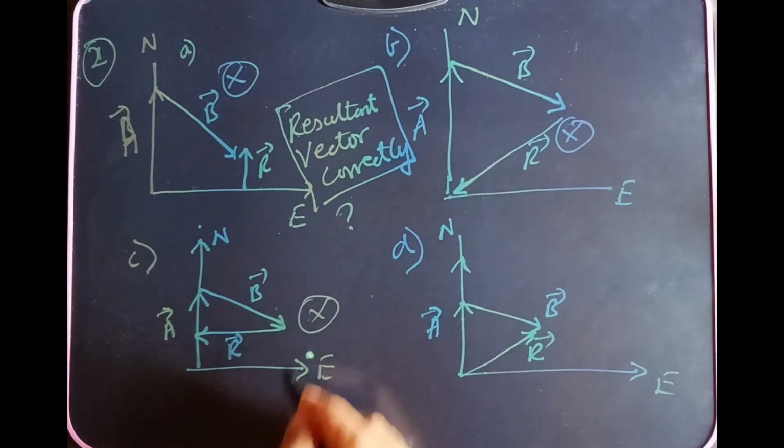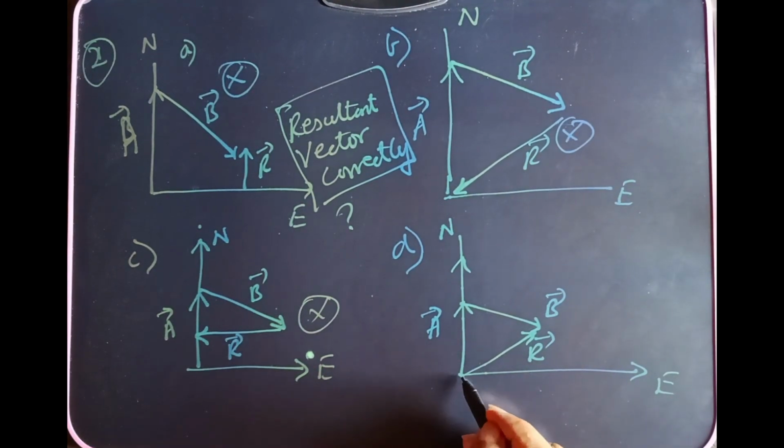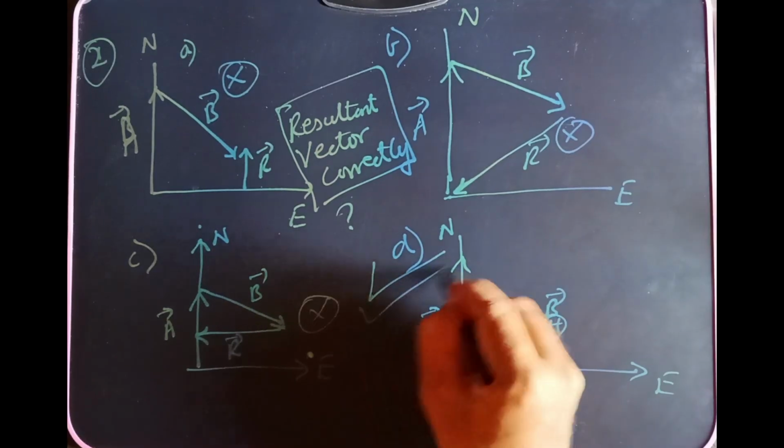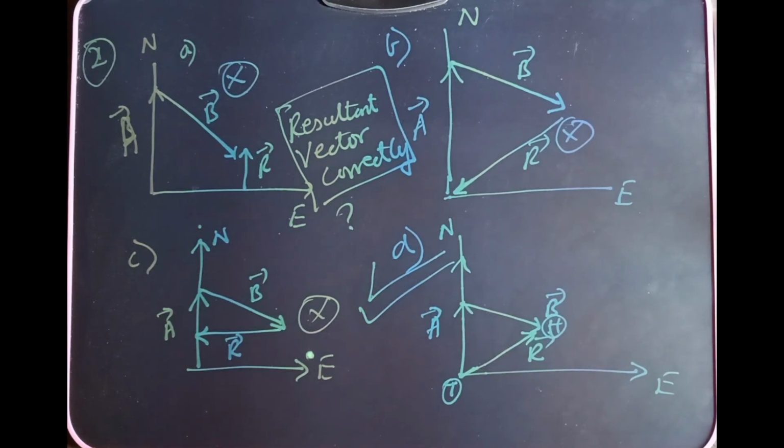So in this resultant vector, the tails are touching and the heads are touching of the final vector. So this is your correct answer. All right. Next question.